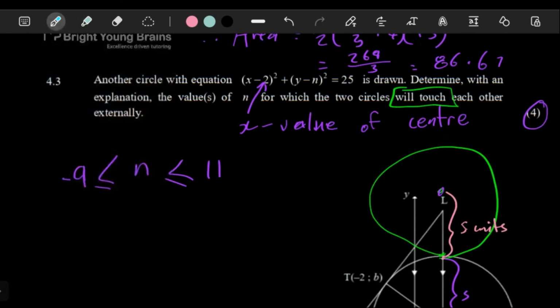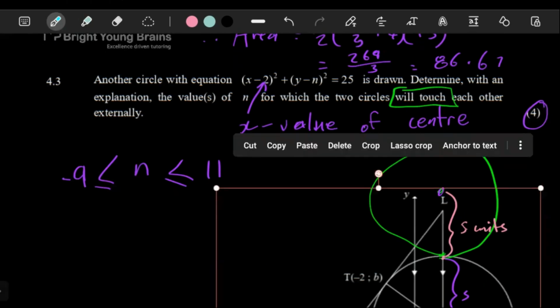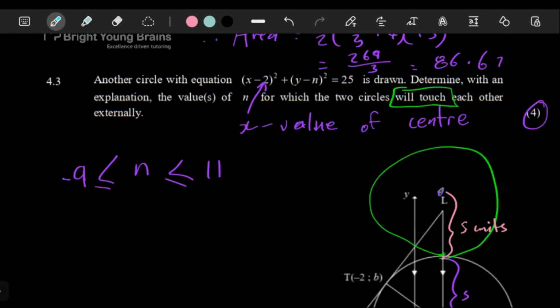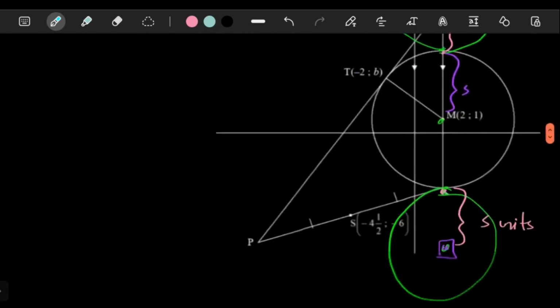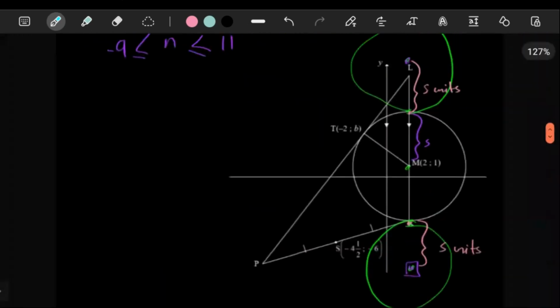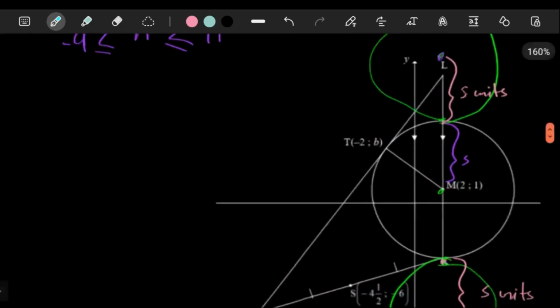So with all that being said, we need to determine the following. When I say we need to determine the following, this is what I mean. Oh, they said we need to give an explanation. Well, everything I was saying is practically the explanation we're going to write down here, but we're going to try and put it in simple words.